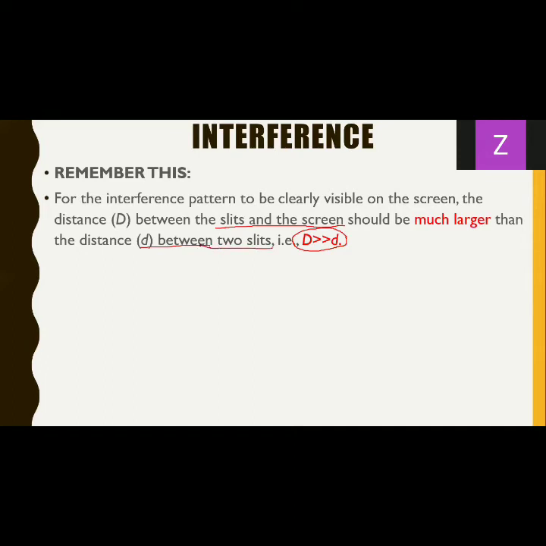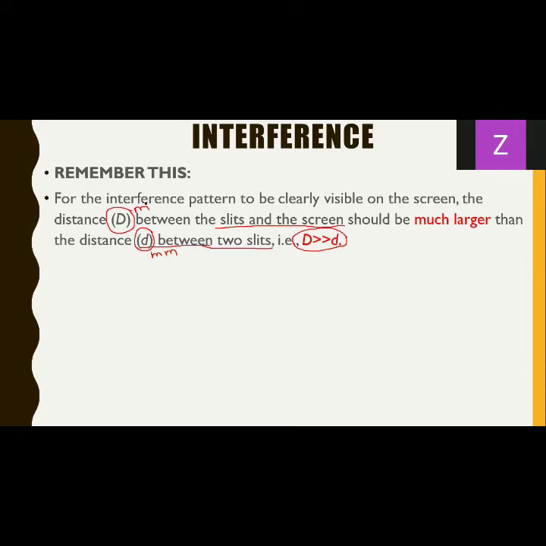Now the actual values are not given to you, but generally if you observe in numericals, the value of small d, which is the distance between two slits, is usually given in millimeters. So you can imagine how small the distance between the two slits can be. As opposed to that, the value of big D, which is between the slit and the screen, is usually given in meters. So you can see that big D is much larger than small d. Okay.